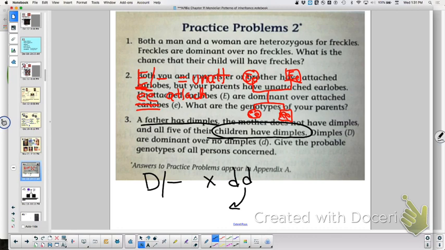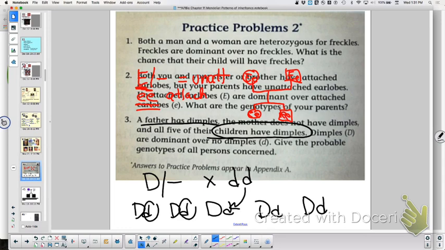Little d. So we have a child that's big D, little d, another one, 1, 2, 3, 4. How many children have I had? 5 children. And I know this little d right here came from mom every single time. So all 5 times, dad had to give the big D.